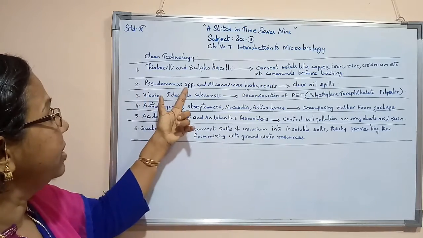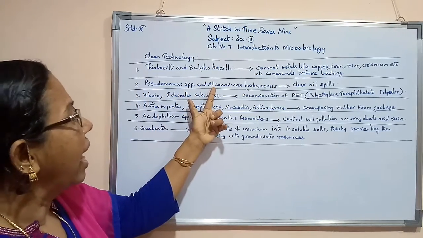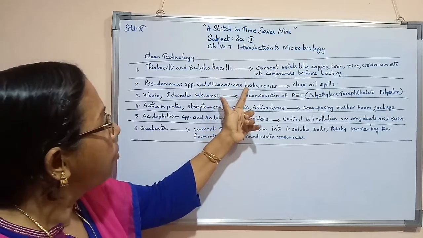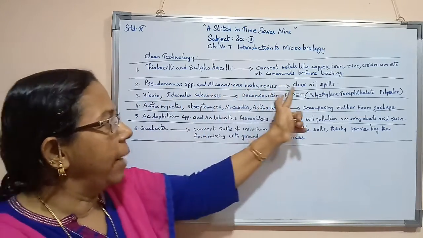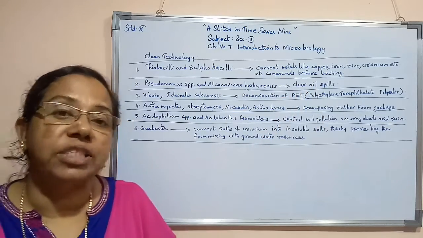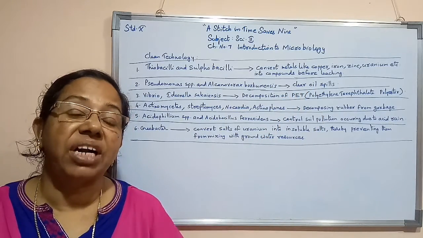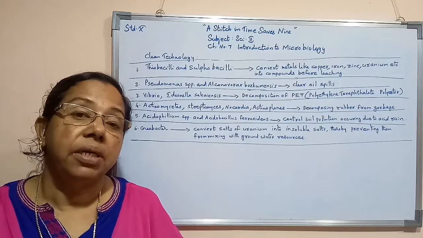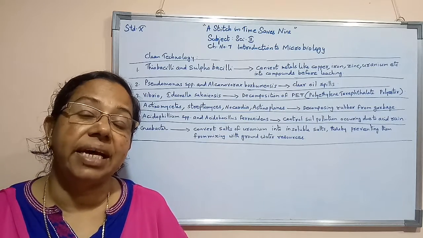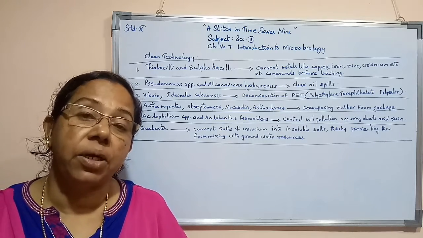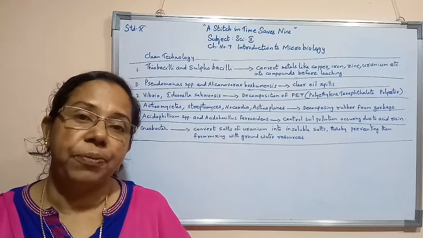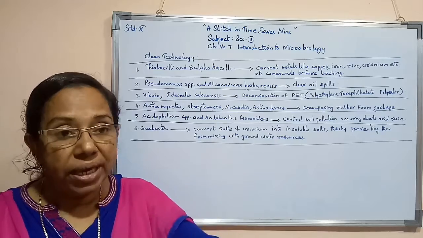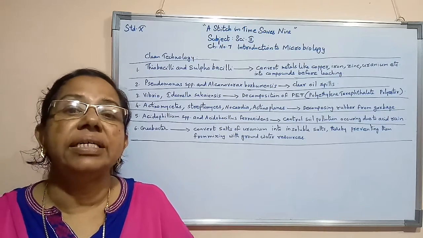Now, Pseudomonas spp as well as Alcanivorax borkumensis, these two types of microbes help in clearing oil spills in seawater. A ship which is carrying oil, in oil tanks, sometimes some leakage may occur. As a result, an oil layer may form on the sea.